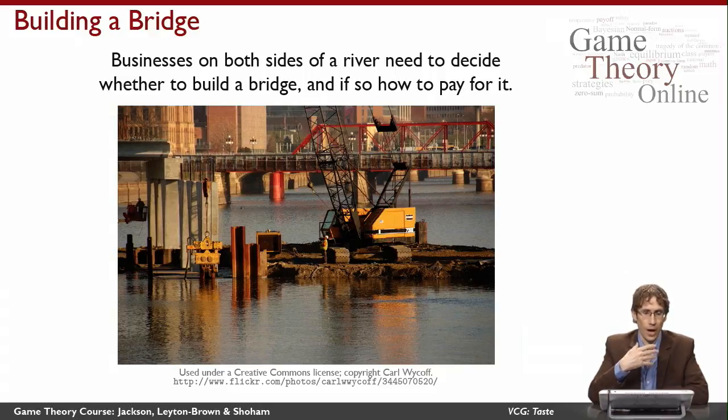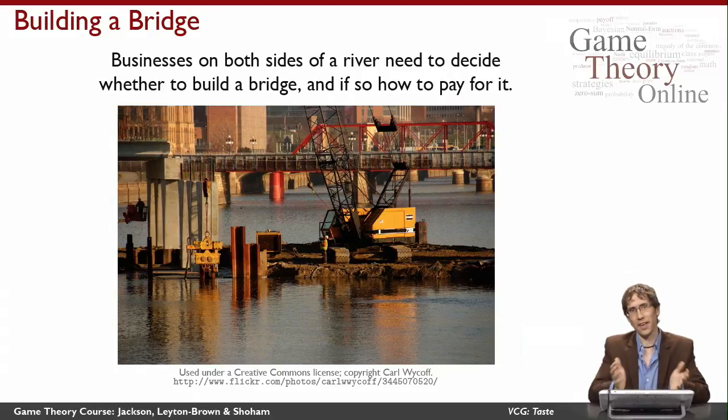And again, what I want to do here is collect information from all the businesses that has them tell me how much it's worth to them to have the bridge be constructed. And it may well be that they have a negative value for the bridge being constructed because maybe they're better off in the world where there's no bridge.